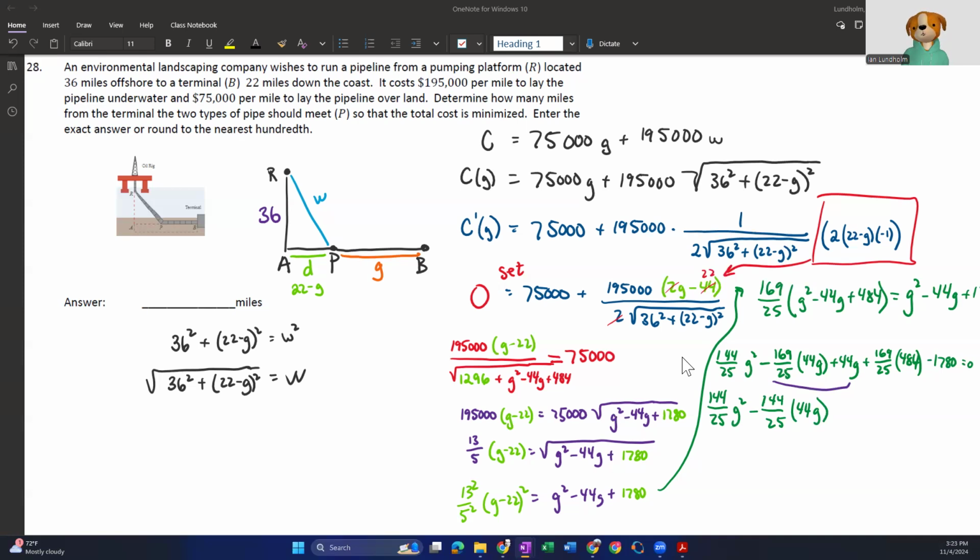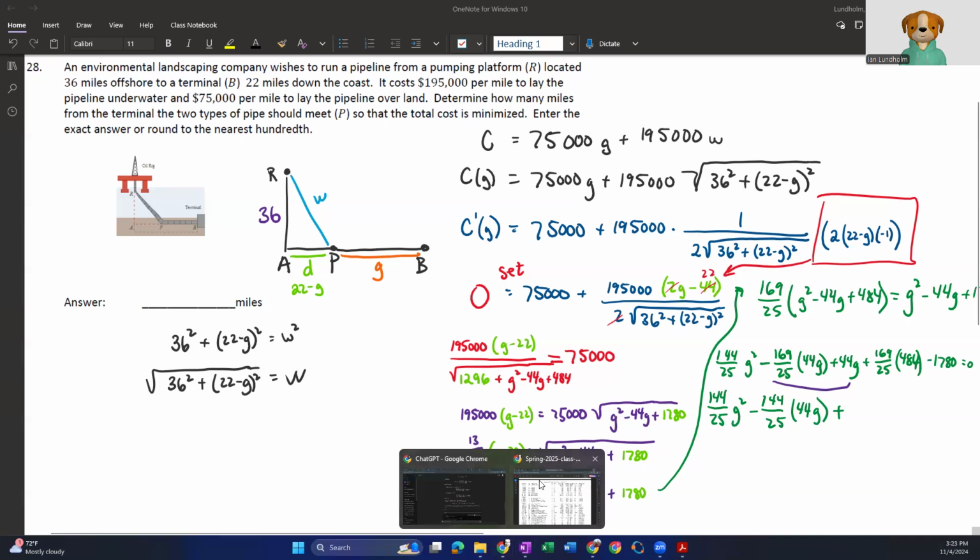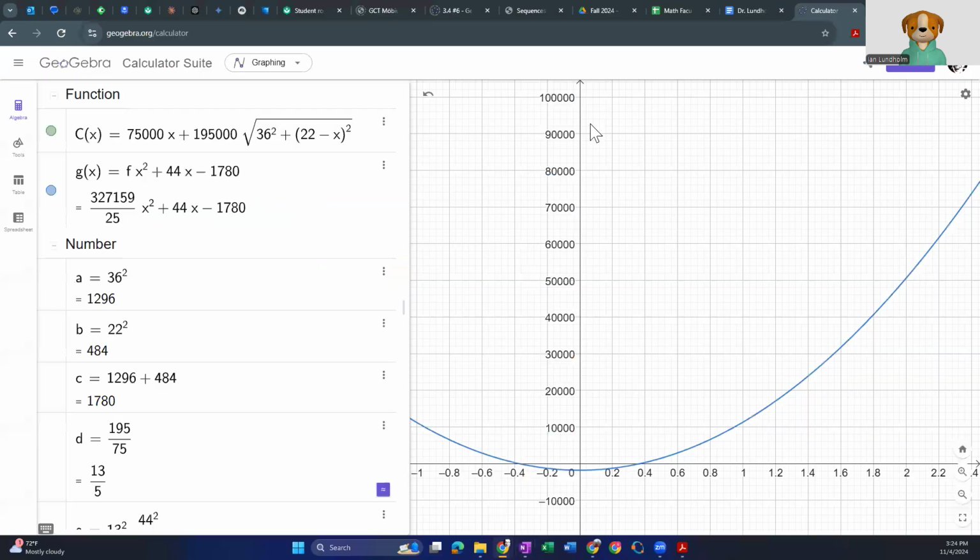And then this will be some constant number. All right, let's open up the calculator and see what these things are.